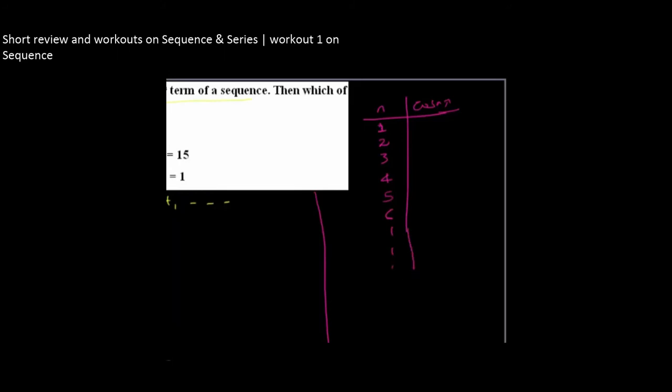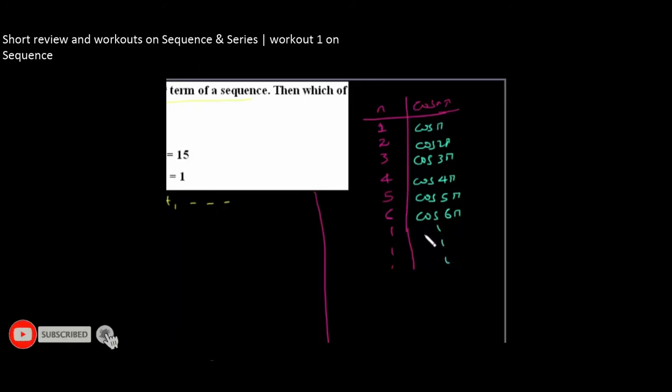When n is 1 it turns out as cos pi, when n is 2 it is cos 2 pi, when n is 3 it is cos 3 pi, when n is 4 it is cos 4 pi, when n is 5, cos 5 pi, and cos 6 pi when n is 6. And it just keeps going this way. These are quite enough to see the pattern of cosine of n pi for different values of n.